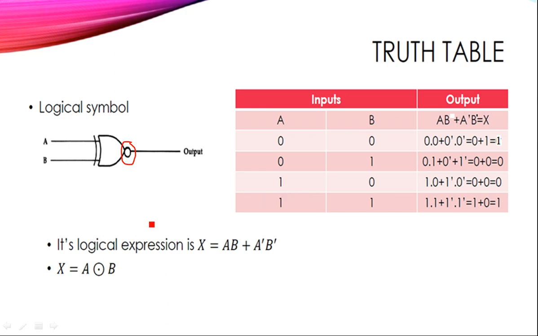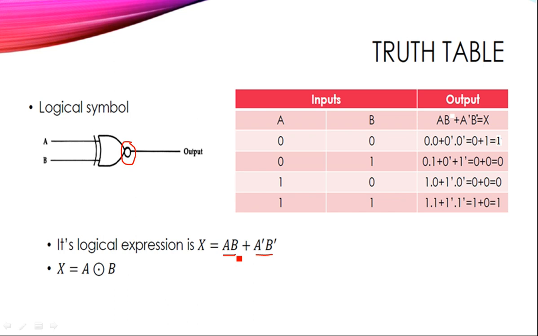Hence the logical expression is AB plus A bar B bar, because here in the first combination A is 0, B is 0, output is 1. So that's why we write A bar dot B bar. And here A is 1, B is 1, output is 1. So we write AB.